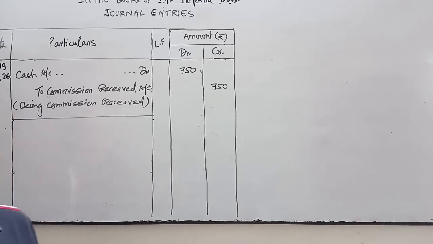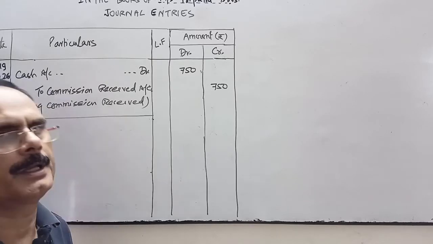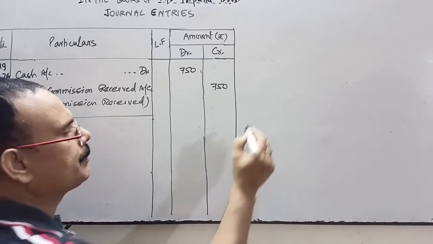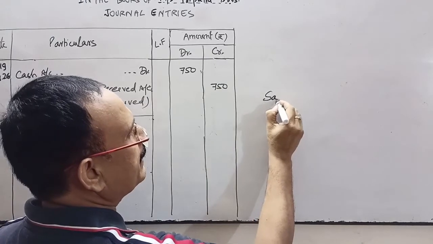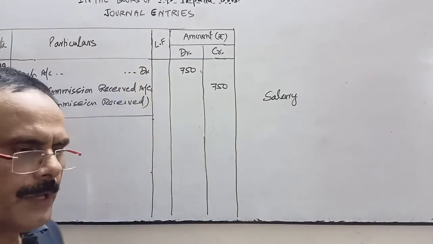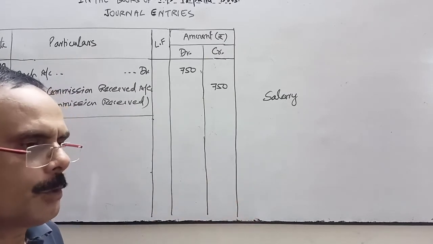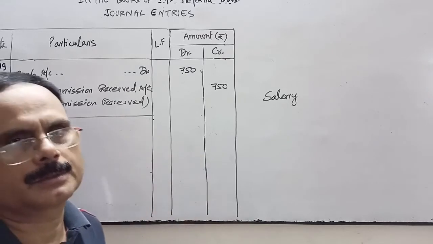When we pay the salary to Mohan, Sohan or whatever it may be, we never open the name of that employee. When we pay the salary, we will open the salary account instead of a person account. To whom we are paying the salary, we are not going to open the name of that person. We will open the salary account.